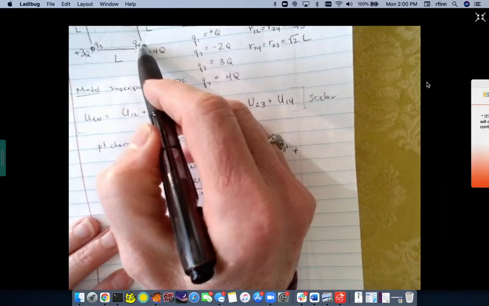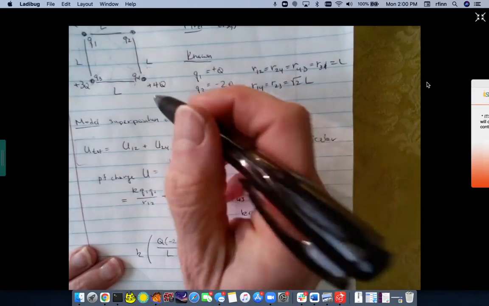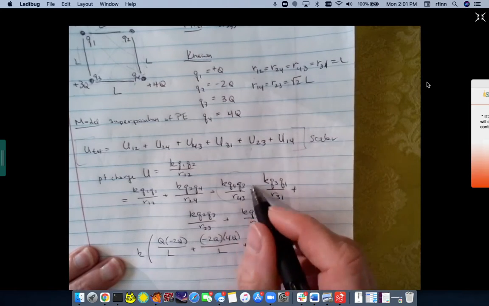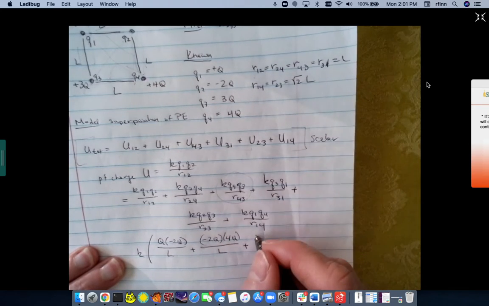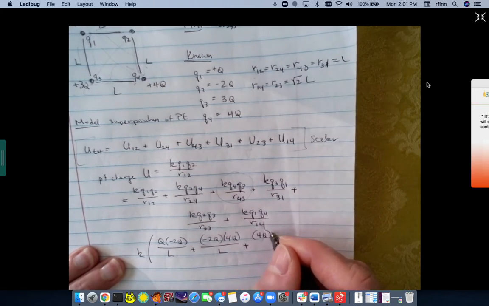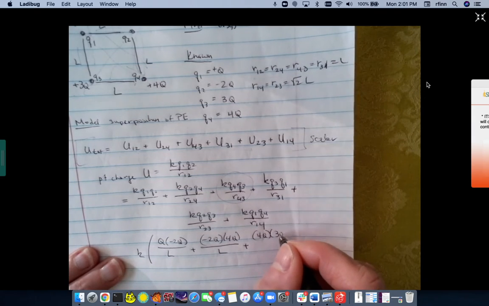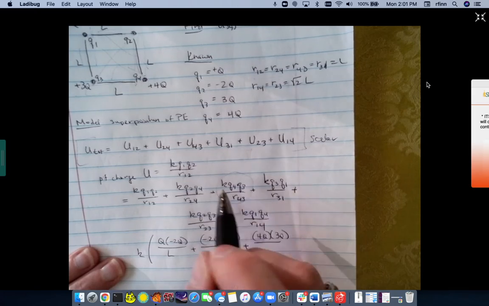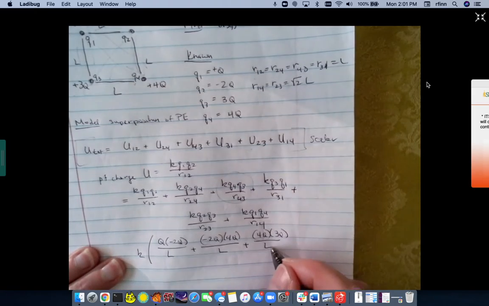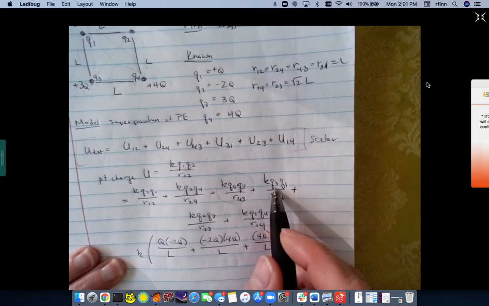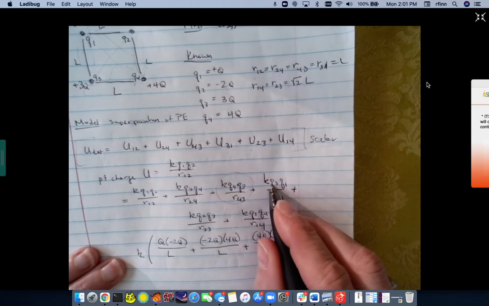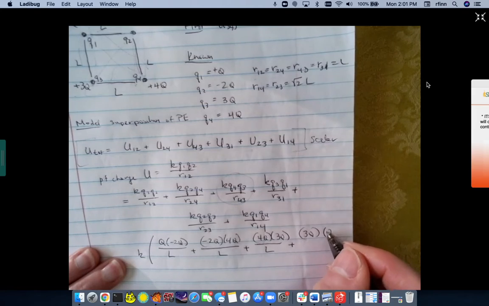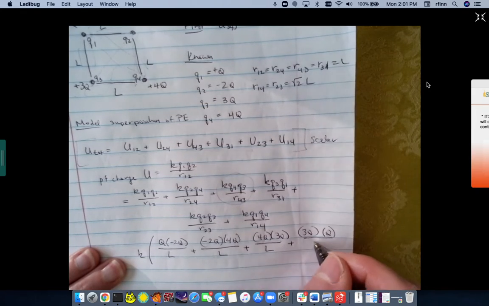So that's this leg of the square, so that's just another L. And now we're on this term. We have Q4, which is 4Q, Q3, which is 3Q, divided by the distance between 4 and 3, which again is the side of the square, so that's L, plus Q3, which is 3Q, Q1, which is Q, again divided by the leg of the square.